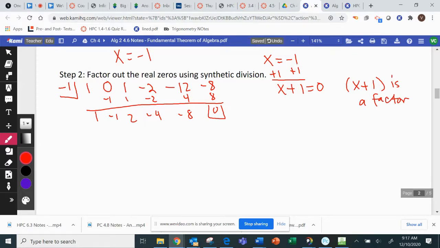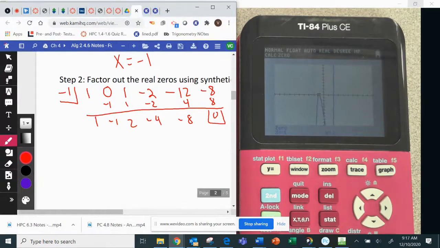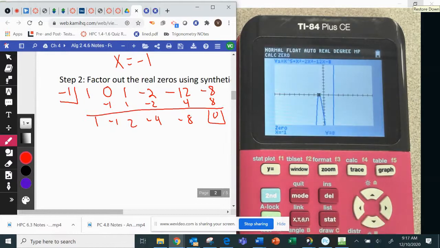We started with the 5th power. We went down a power. Are we at quadratic yet? No. So now we go back to the calculator and we look for another 0. Can somebody help me find another 0 on the calculator?